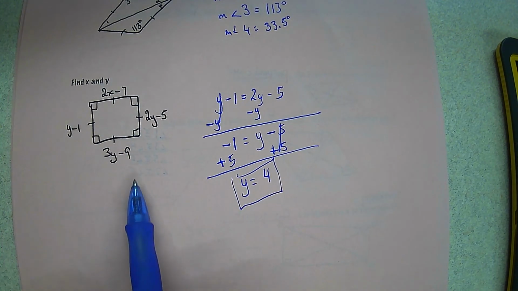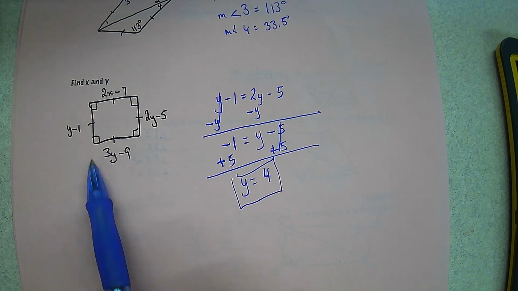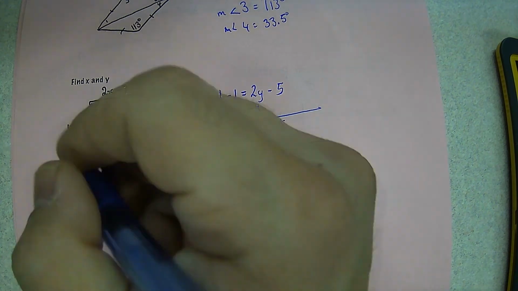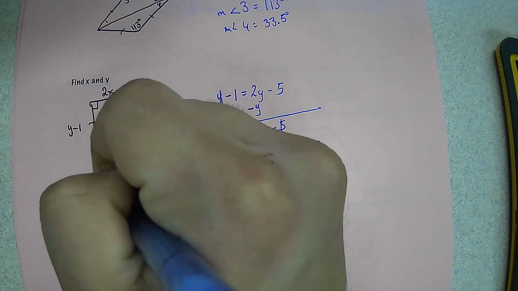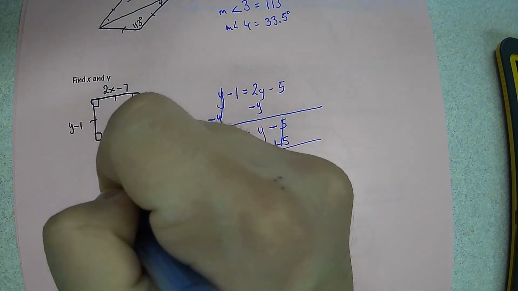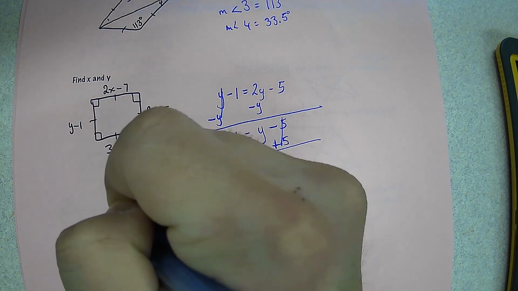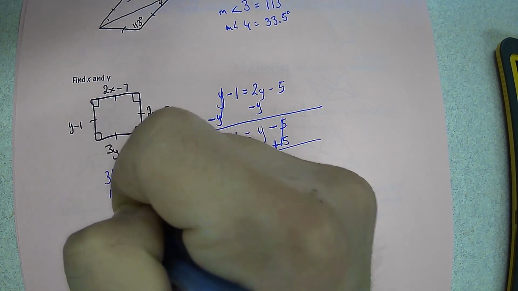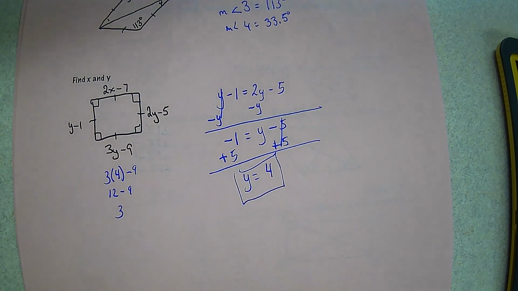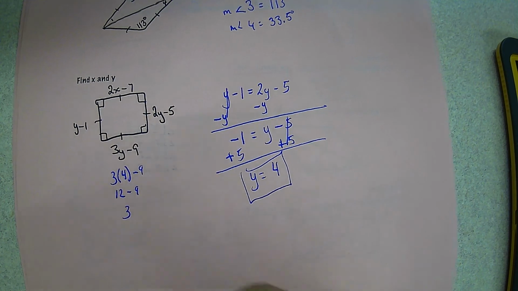Now, if I know y is 4, I can actually find the length of this side to figure out what this is. So let's plug in 4. 3 times 4 minus 9. 3 times 4 is 12 minus 9, which is 3. So this side is 3. So that means this 2x minus 7 also has to equal 3.